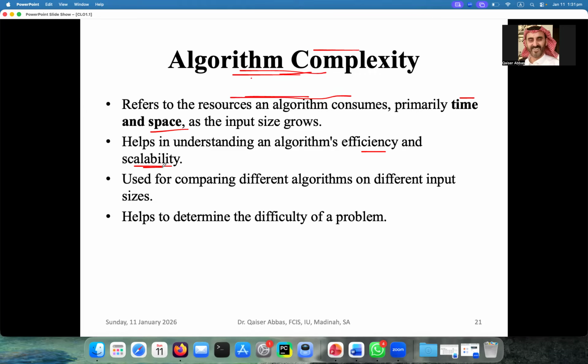When the input size of your algorithm increases from small to medium to higher, the behavior of the algorithm will change, and if the algorithm handles this change effectively, with quality, smartly, then you can say your algorithm is scalable.